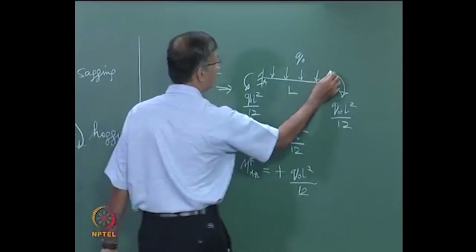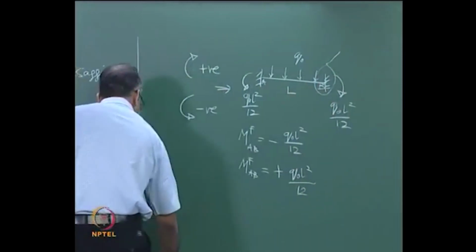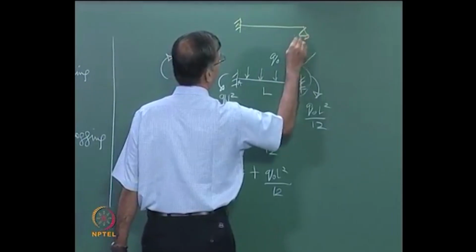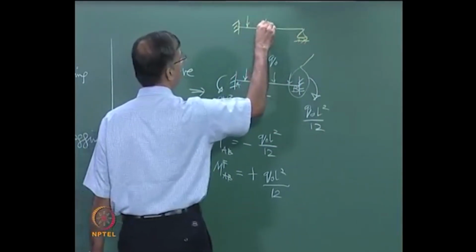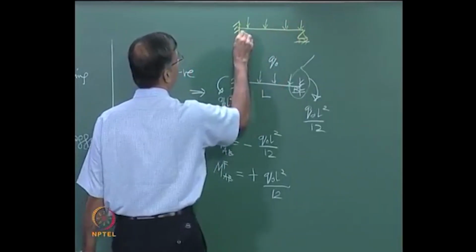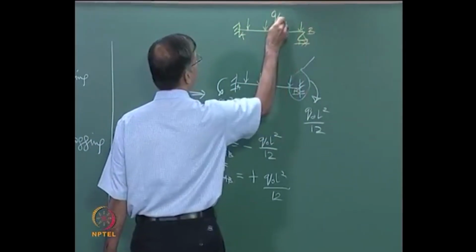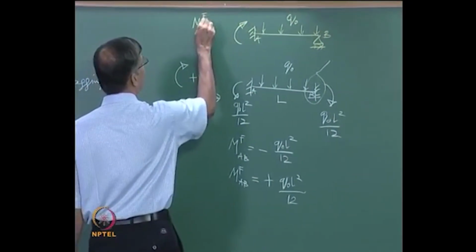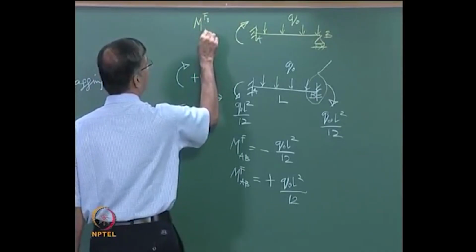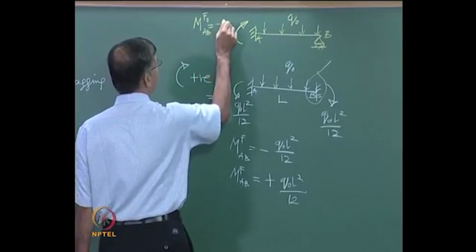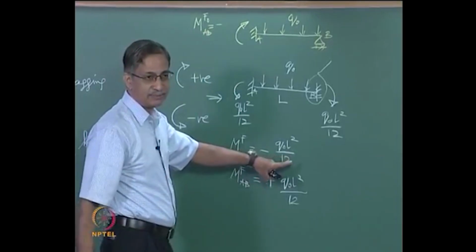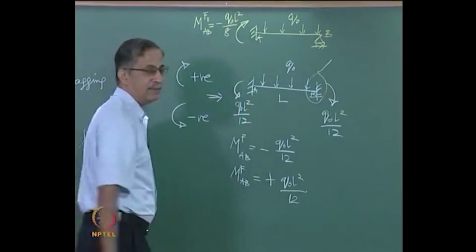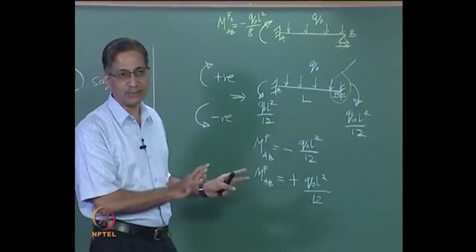And if by chance this end were to be a simply supported end, with the same loading, A, B, Q naught, then with the notation we will use, clockwise positive, MF naught AB will turn out to be minus 1.5 times this, which is Q naught L squared by 8. Is it clear? These are the sign conventions we will follow.